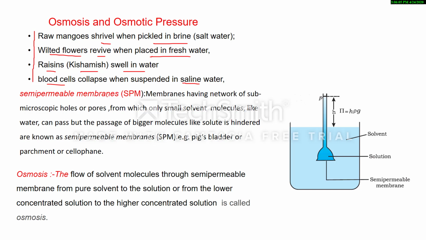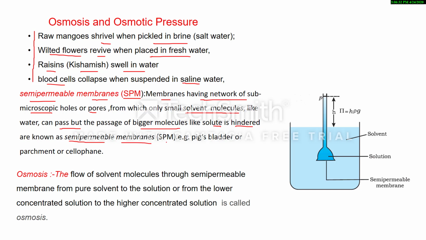Now, some common terms. First one is SPM, semi-permeable membranes. What is the meaning of this? Membranes having a network of submicroscopic holes or pores through which only small solvent molecules like water can pass, but the passage of bigger molecules like solute is hindered, are known as semi-permeable membranes.